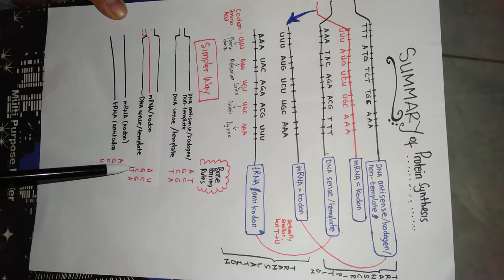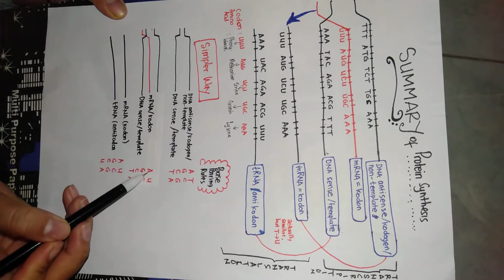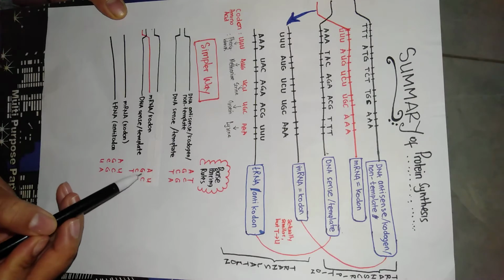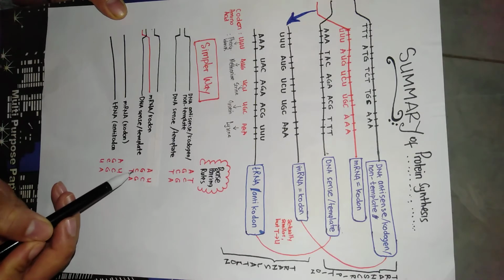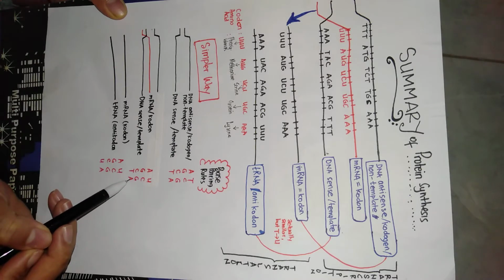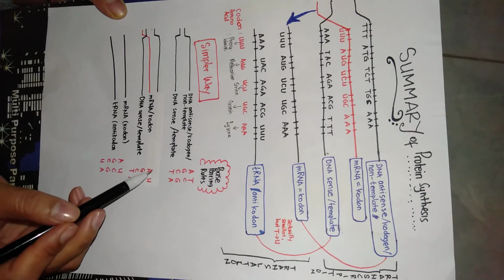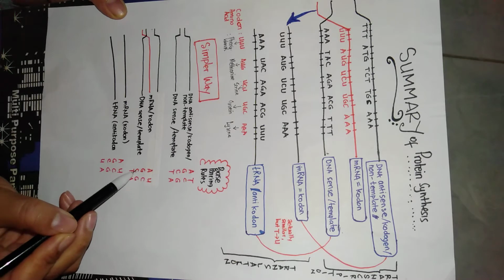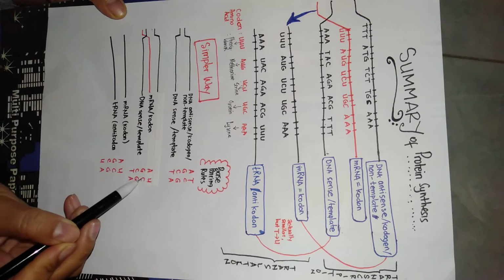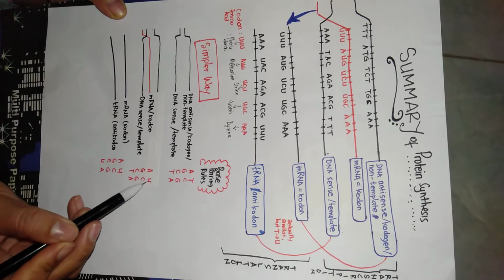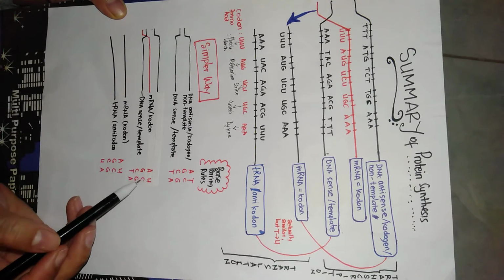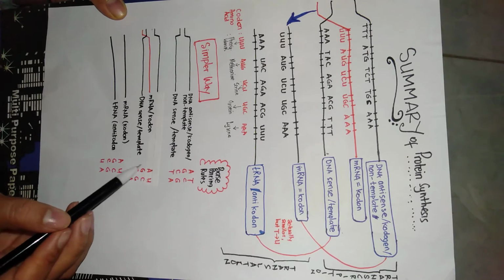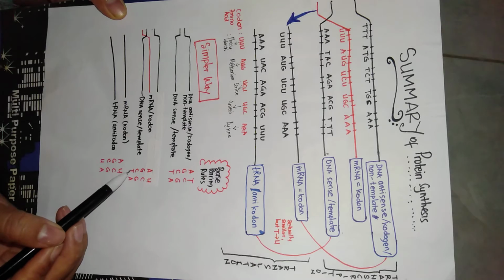Check this one. Adenine pairs to uracil, guanine pairs to cytosine, cytosine pairs to guanine, and thymine pairs to adenine. To make it simpler, remember this way: Anak gadis suka tidur, anak gadis suka uang. Why U? Here there is no U, right? Because this one is DNA. DNA possesses thymine but not uracil.